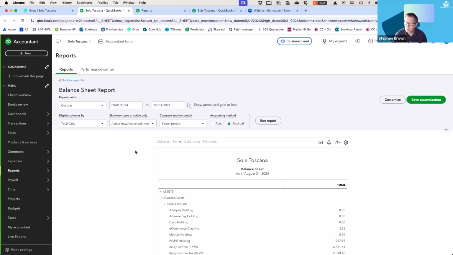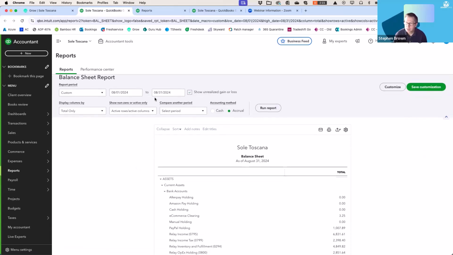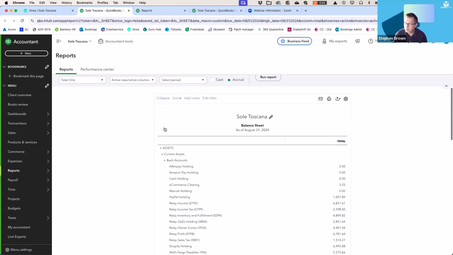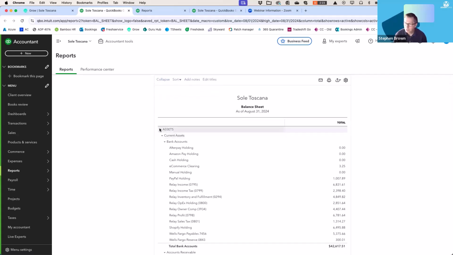Okay, so I've got my balance sheet here. The key thing with the balance sheet is you're looking at it over a time period. I'm looking at August because we haven't quite wrapped up September, so this one is a closed period. And you'll see here some of the concepts that I talked about. At the very top is my assets, and I've got all my bank accounts. This is one of my favorite assets because this is essentially your cash.